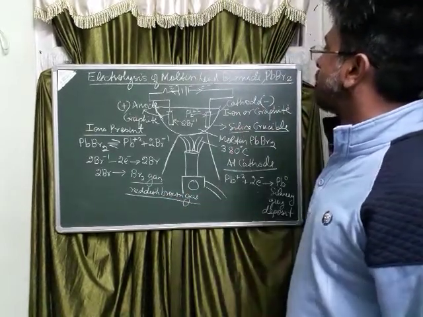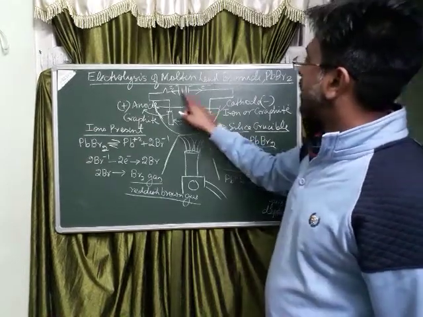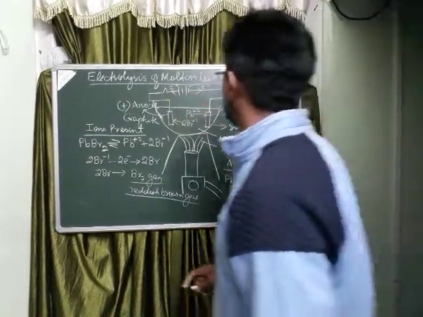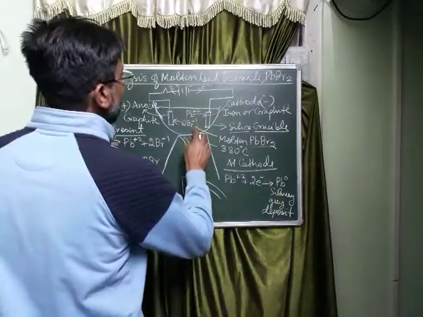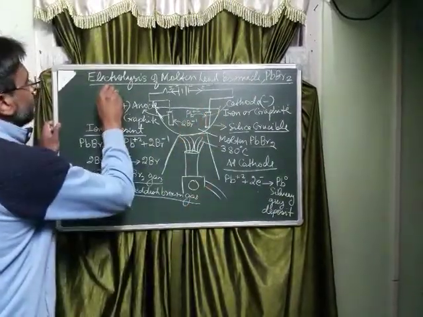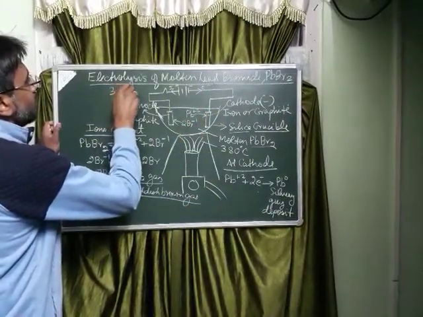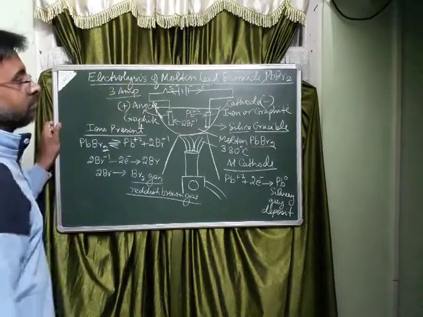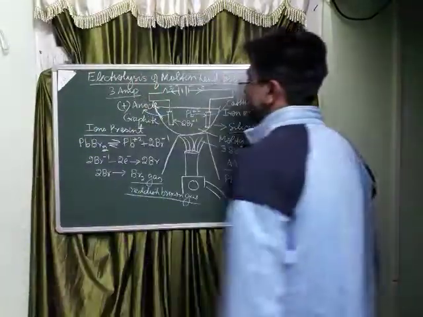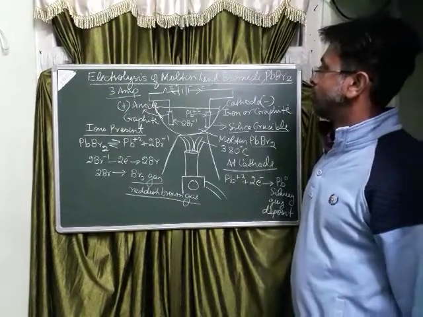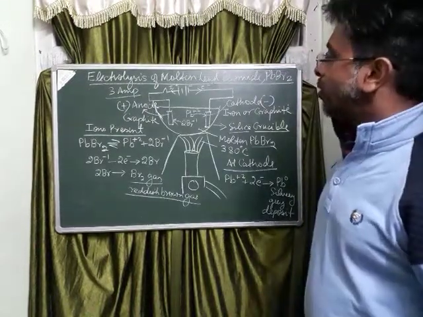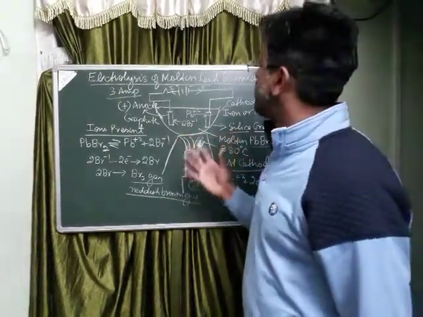In this electrolysis, the current passed through the molten lead bromide is 3 amperes. So, what are the questions which can be asked from this electrolysis of molten lead bromide?